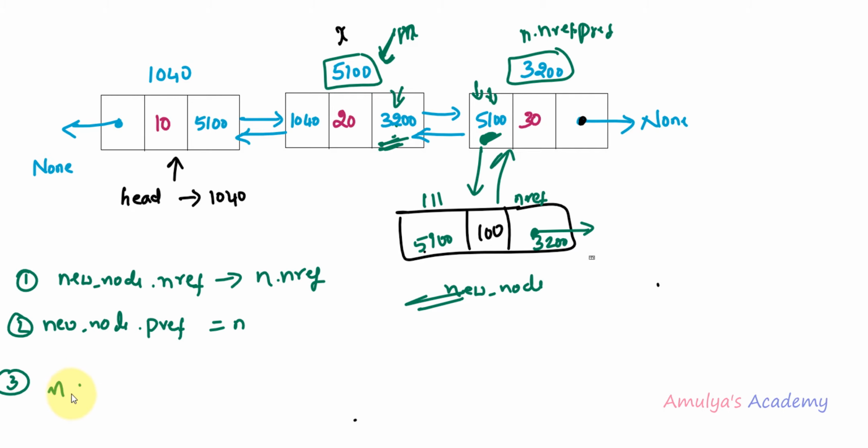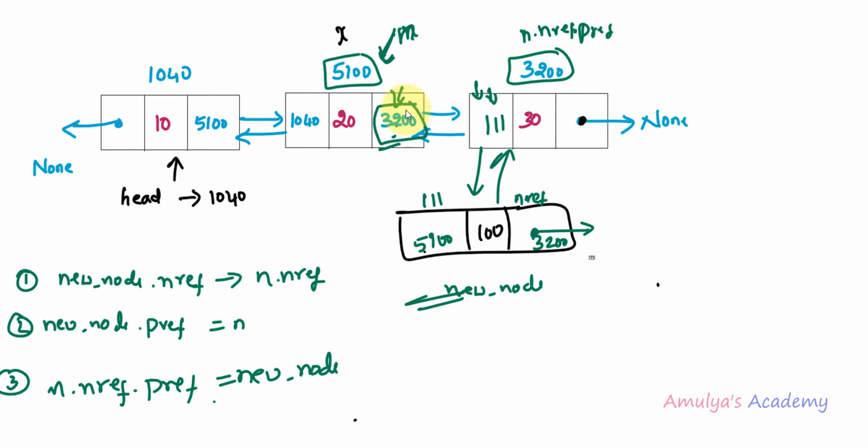So you need to take n.nreference.pref is equal to new_node. That's why I told you that before changing this, you need to change this. Here this node is n, so n.nreference is 3200, that is this node. So this node becomes n.nreference, and in that node, this position is n.nreference.pref. That is equal to new_node. So it will store the new node link, that is 111.